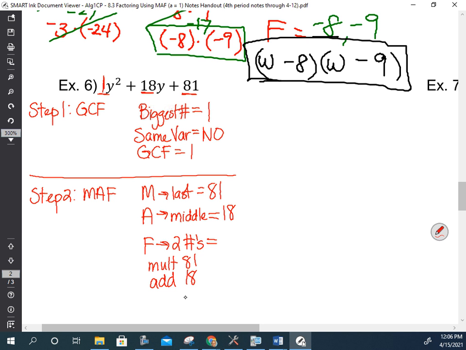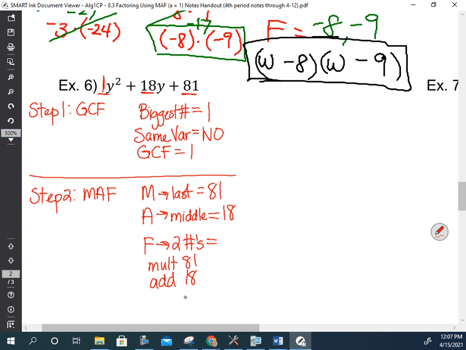So 1 times 81, if we add 1 and 81, that's 82. We can do a grid chart with the factors on the sheet right there. 1 plus 81 is 82.